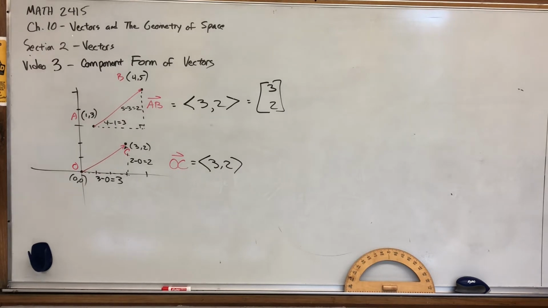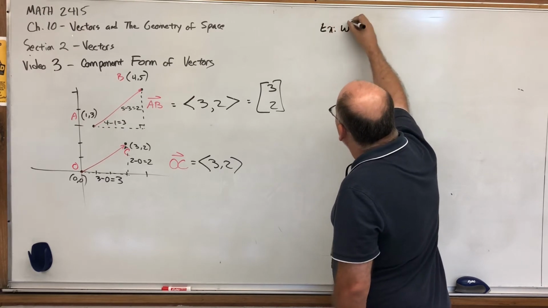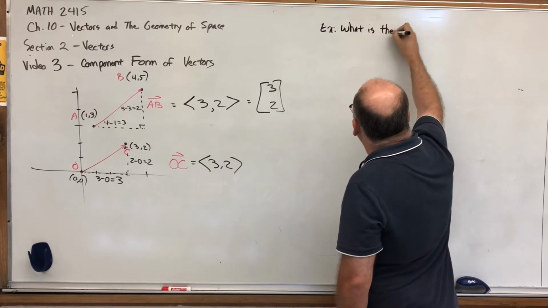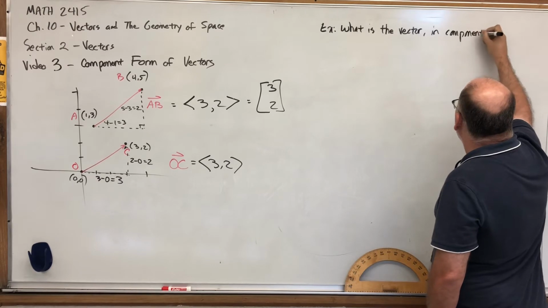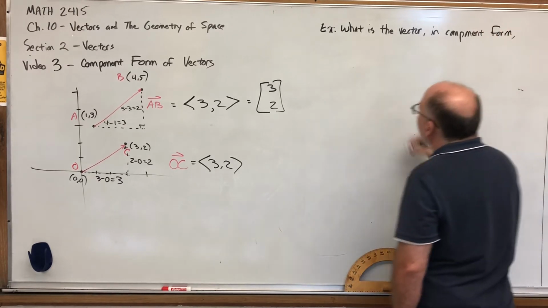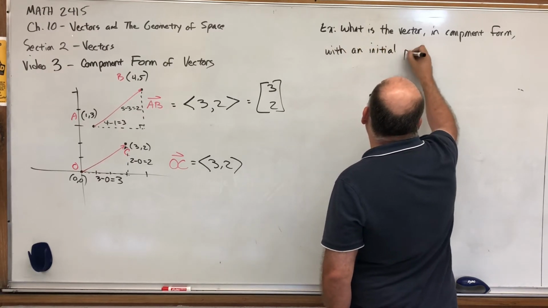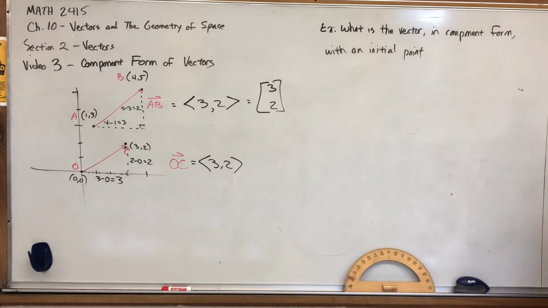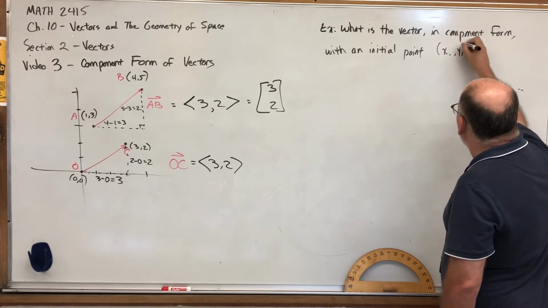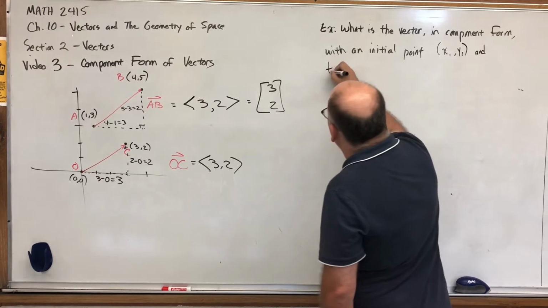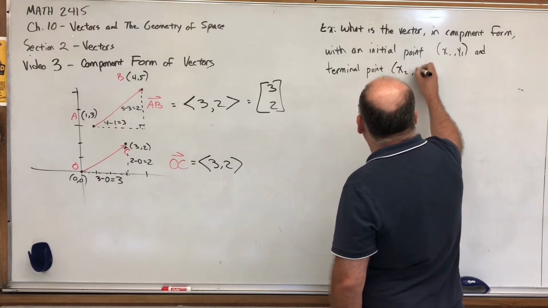Let's just pose a question. What is the vector, in component form, with an initial point, let's call that initial point, I want to be consistent with the author, x1 comma y1, and terminal point x2 comma y2.